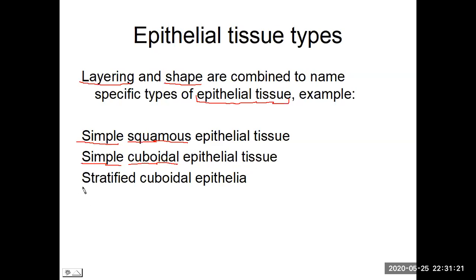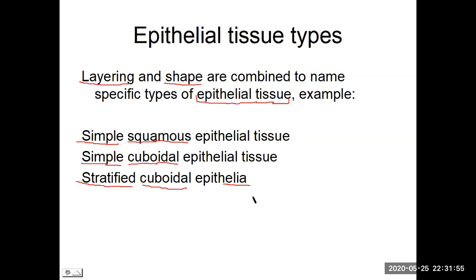If we have multiple layers, so if we had 2, if we had 5, stratified cuboidal. And if you use the term epithelia, epithelial tissue, or epithelium, there'd be no difference there. All right, so that's how we name specific types of tissues, typically with the layering, the shape, and ending with the tissue group. But there are some unusual cases that are outliers that we'll see once we get to those specific areas that have them.